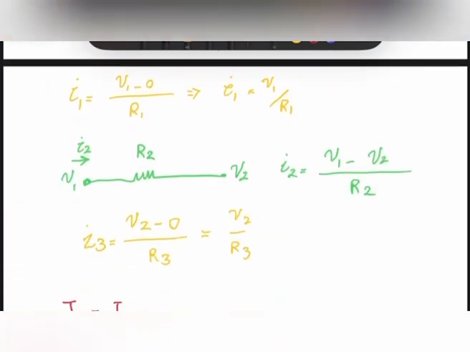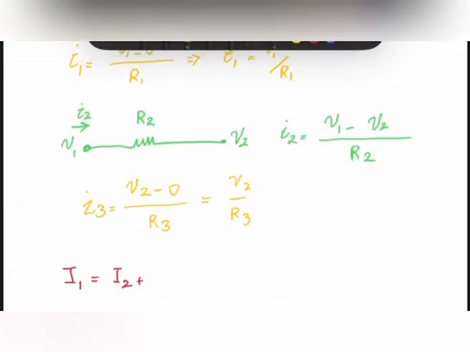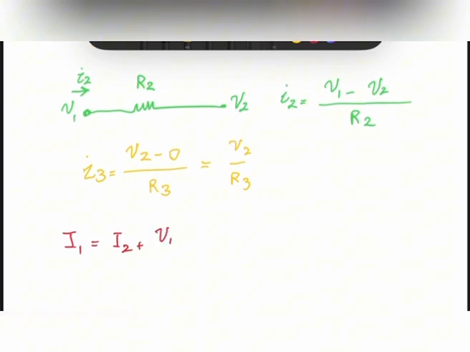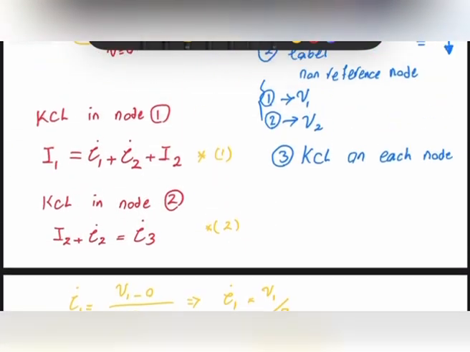I1 is going to be V1 over R1, and I2 is V1 minus V2 over R2. And what is the second equation?